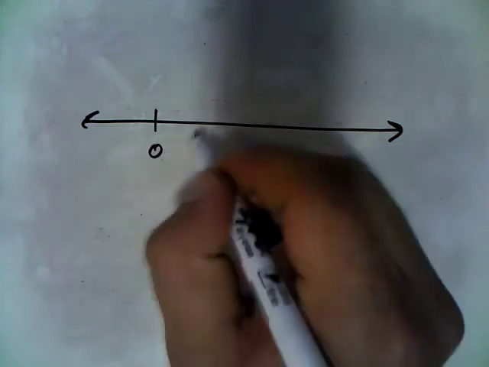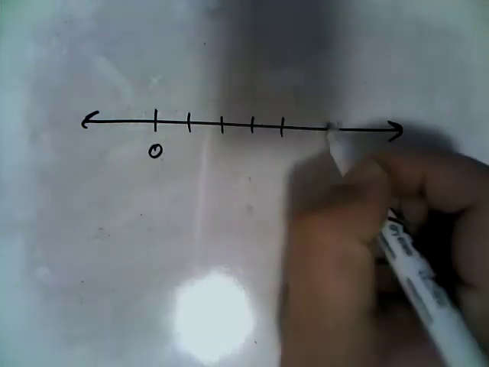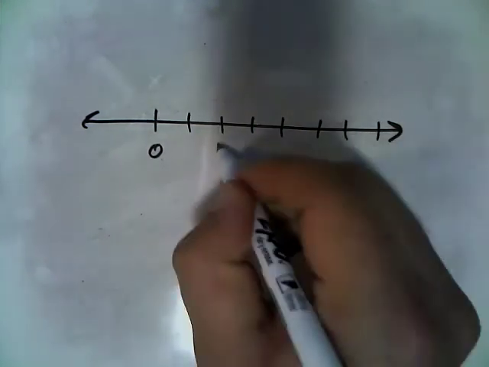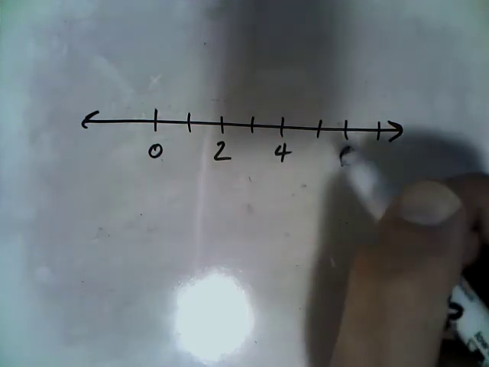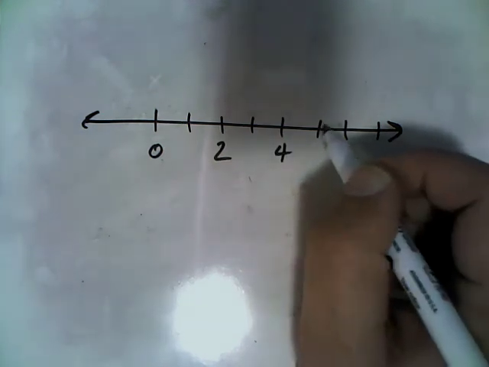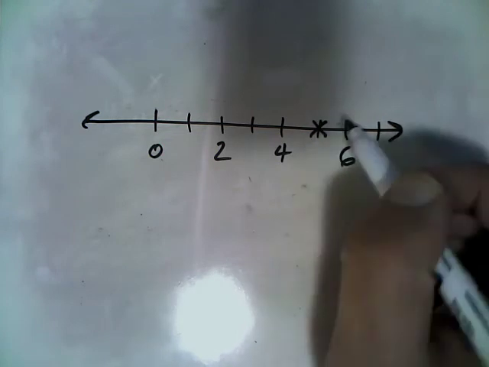If I'm looking at a number line, let's say 0, 1, 2, 3, 4, 5, 6, 7. So let's say the point I'm looking at is 5.